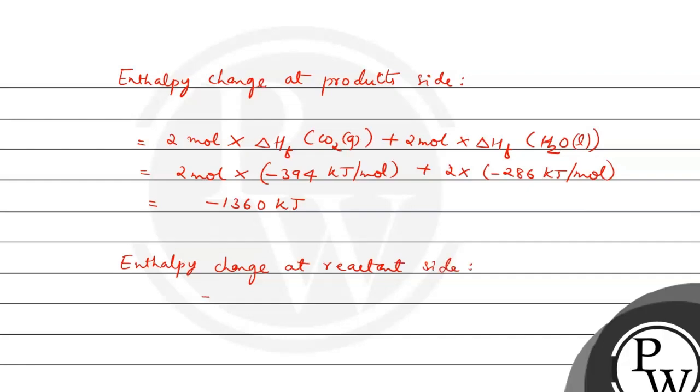Reactant side we have 1 mole into delta HF, that is enthalpy of formation of C2H4 gas. So 1 mole into, if we substitute the value, it is 52 kilojoule per mole. So we are left with 52 kilojoules. So this is the enthalpy change at the reactant side.